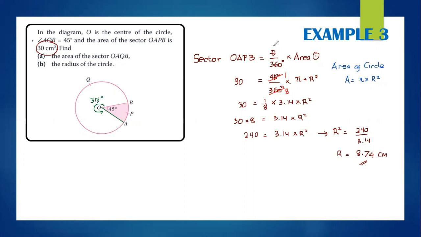Okay, to find the sector OAQB, that's very easy, right? Sector OAQB has the angle 315 degrees, right?